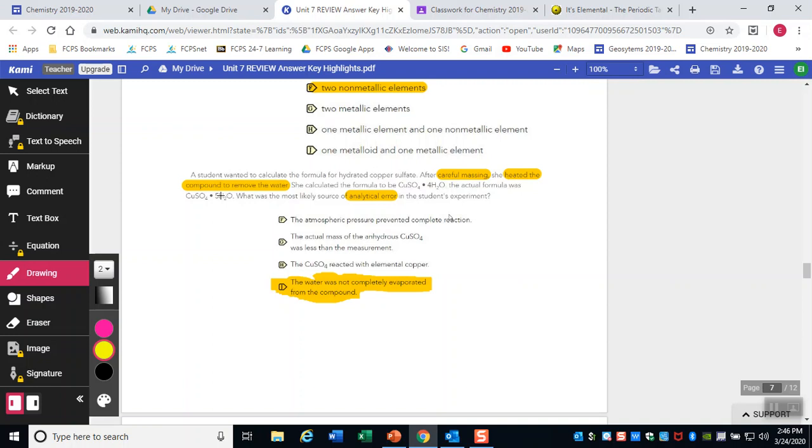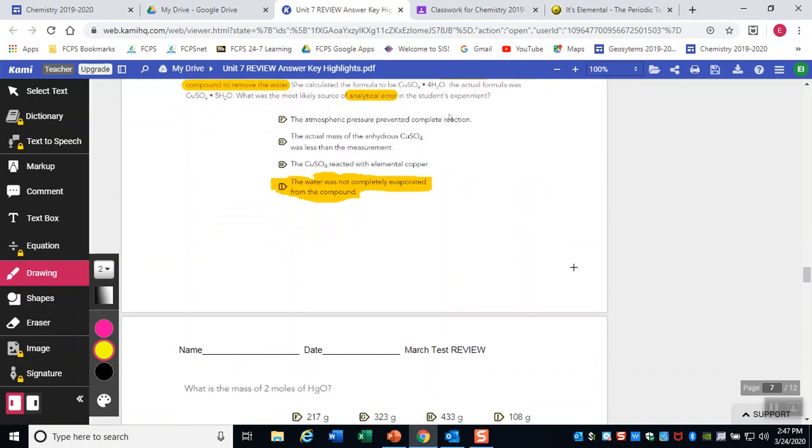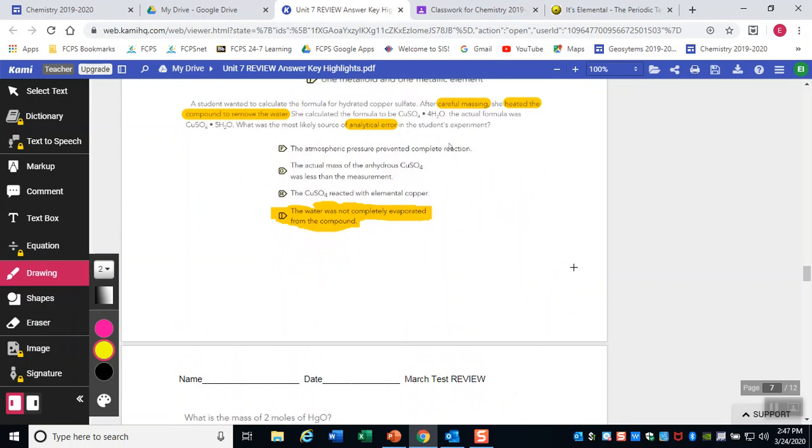So she calculated to have 4, but she was supposed to have 5 molecules of water. So what would cause that error? Which of these errors matches her calculating less water? Well, it would be J. The water was not completely evaporated from the compound. That's definitely something that could happen. It's hard to tell exactly when all the water is out because you don't want to catch it on fire.